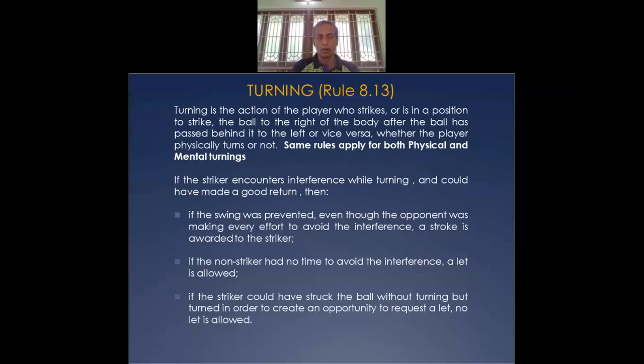You have let the ball pass you on the left and are trying to strike it from the right side. So in case there is an appeal for interference, only a let will be there. But anything from the back wall, a lot of people are confused with that.